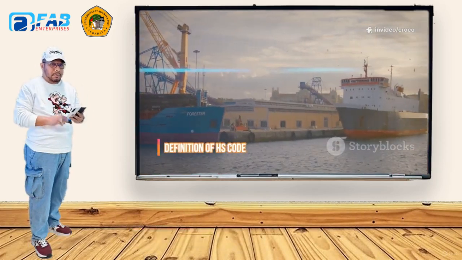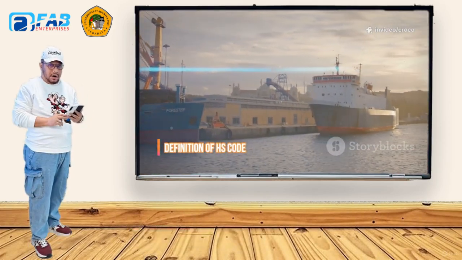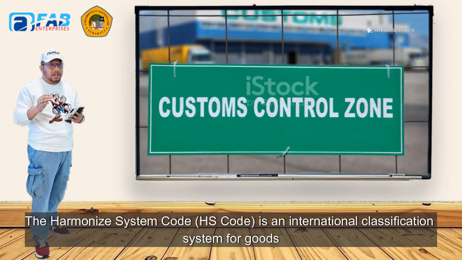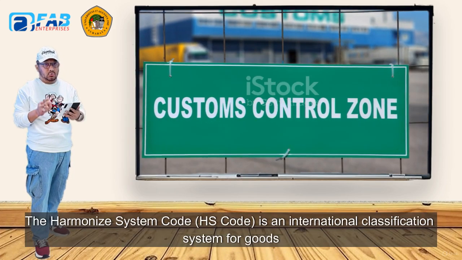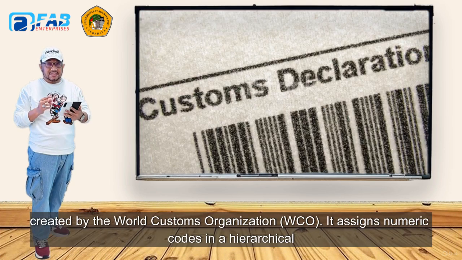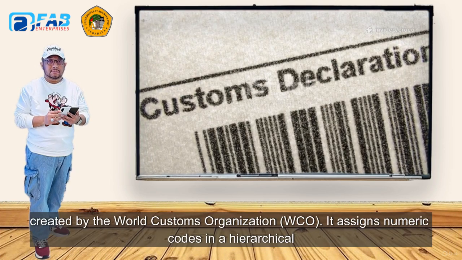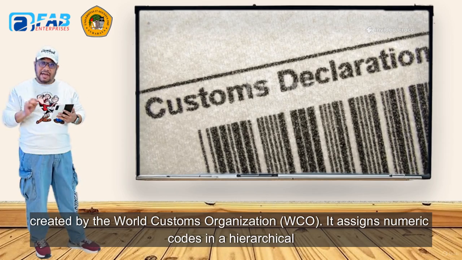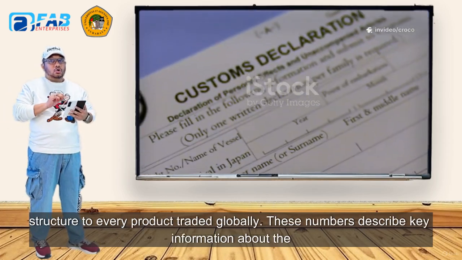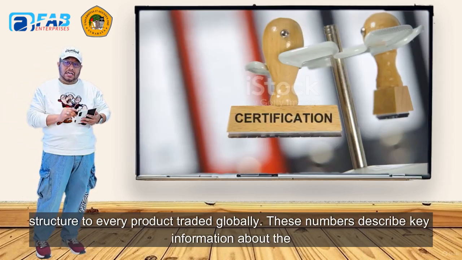2. Definition of Harmonized System Code. The Harmonized System Code, or HS Code, is an international classification system for goods created by the World Customs Organization, or WCO. It assigns numeric codes in a hierarchical structure to every product traded globally.